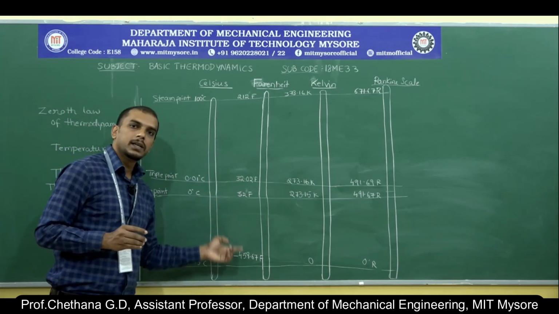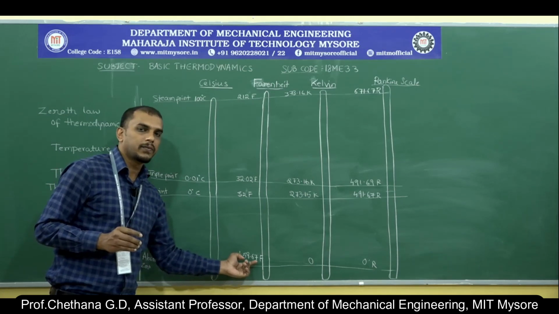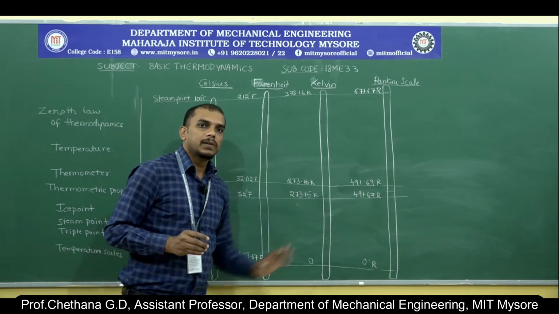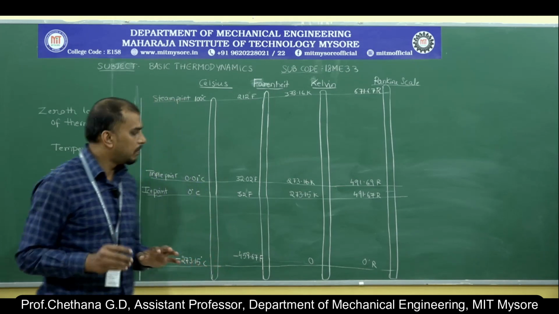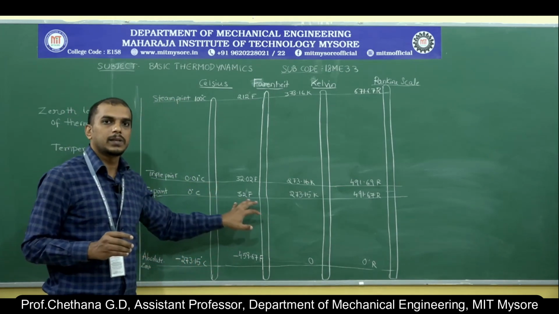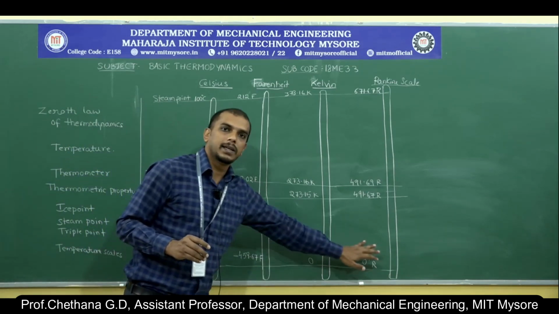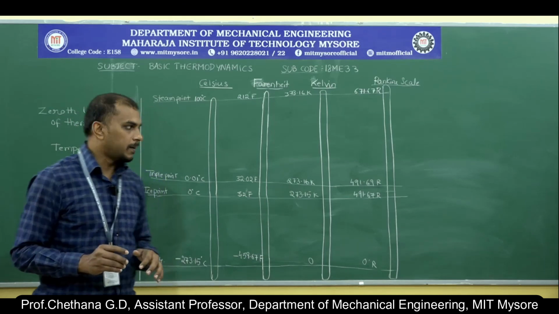Similarly, in Fahrenheit, it measured minus 459.67 Fahrenheit. If you take Rankine and Kelvin scale, you cannot have negative temperatures, but in the other two scales you can have negative temperature, because these two are designed based on absolute zero temperature.